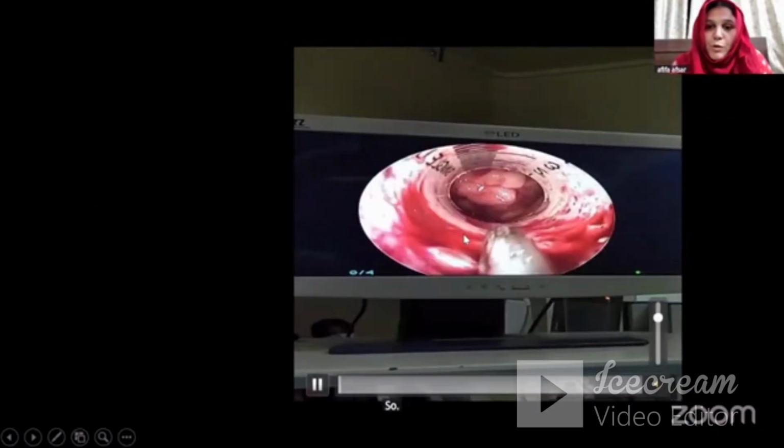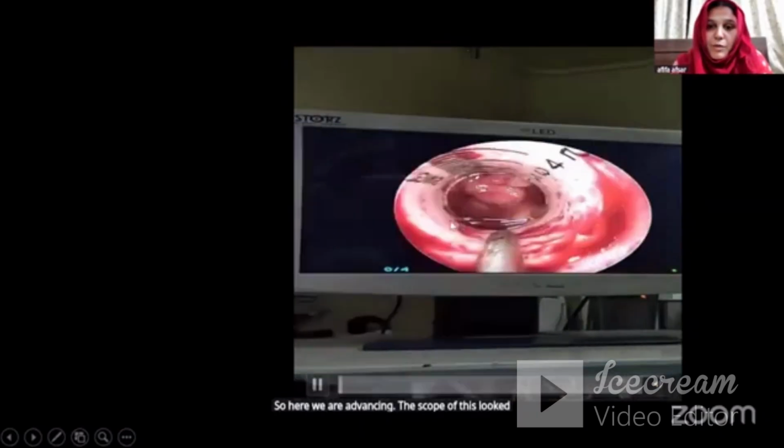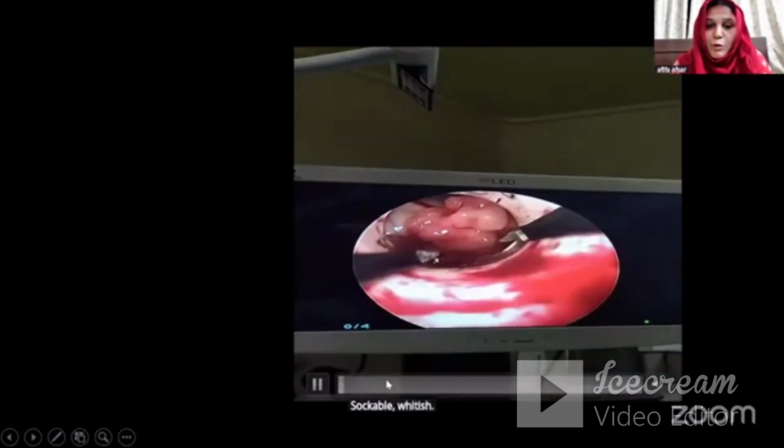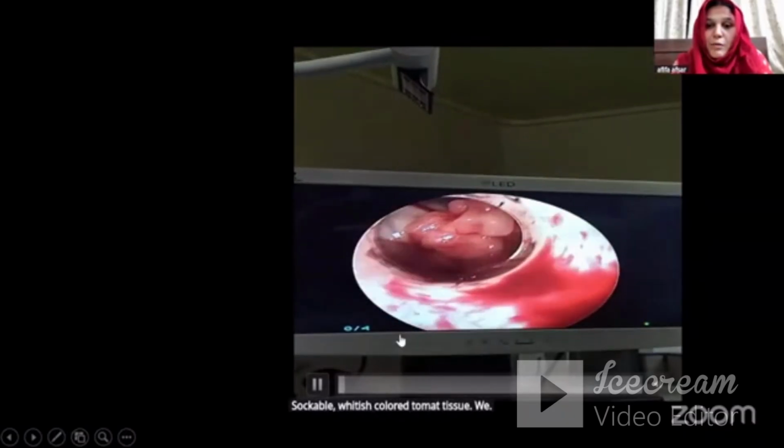Here we are advancing the scope. This looked like a soft, suckable, whitish-colored tumor tissue. We looked at its boundaries.